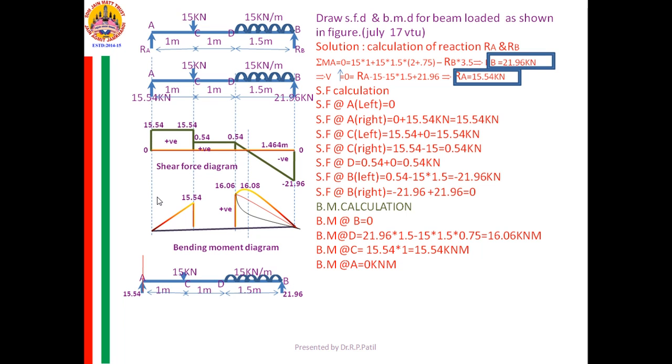Now again you are joining between C and D. See the part of C and D in the SF diagram. How is it? A line parallel to the x-axis. Here it will become inclined. You are joining it by means of an inclined line.